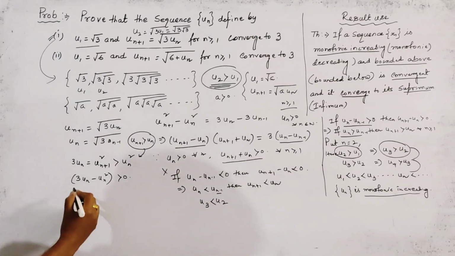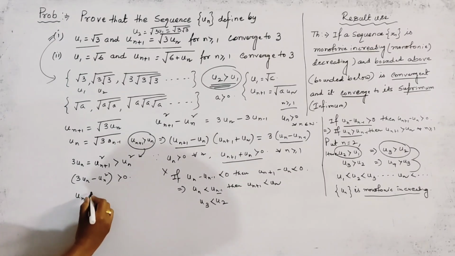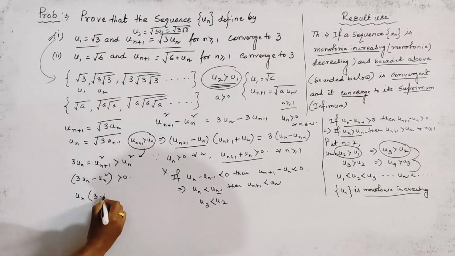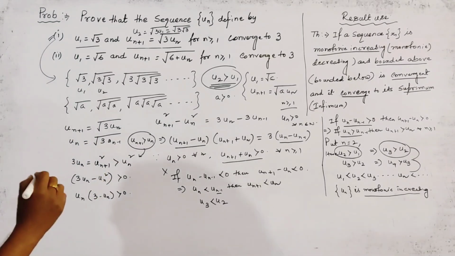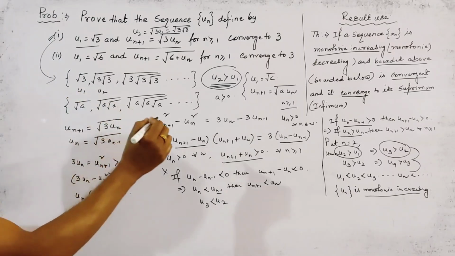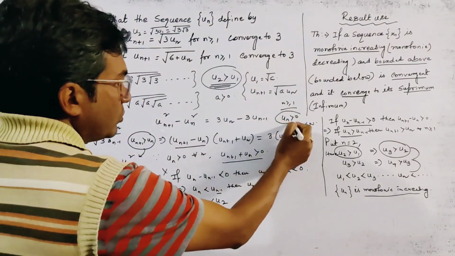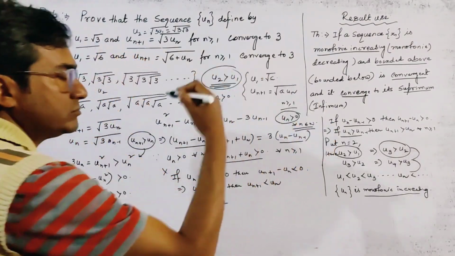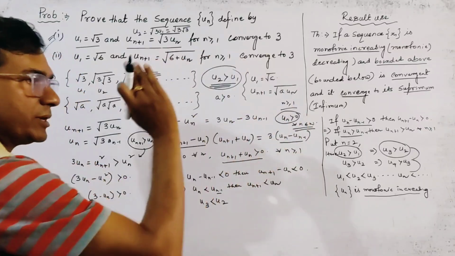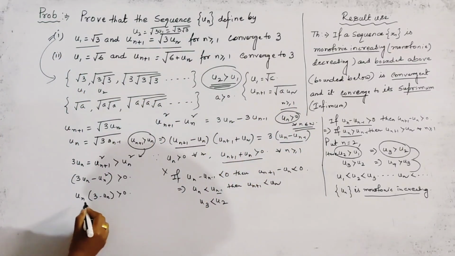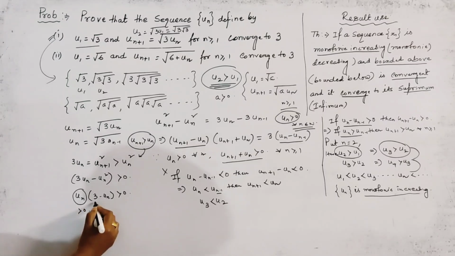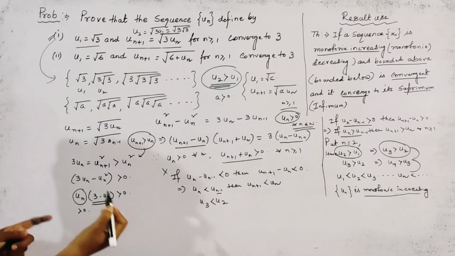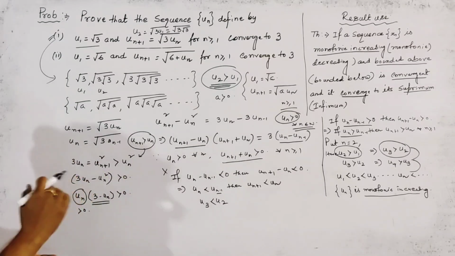And from here un into 3 minus un greater than 0. Since un greater than 0 for all n belonging to capital N, the other term must also be greater than 0, otherwise the product is less than 0.